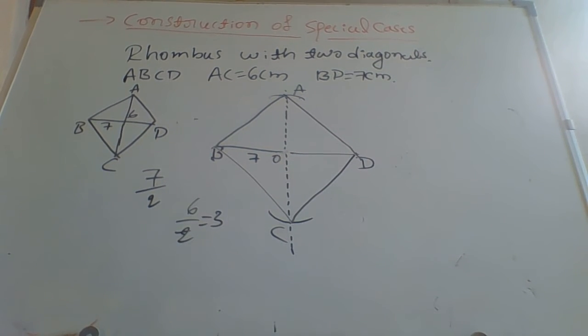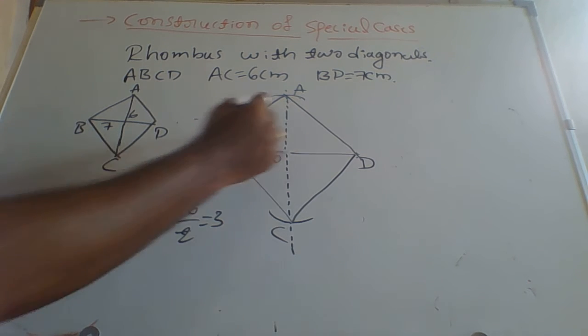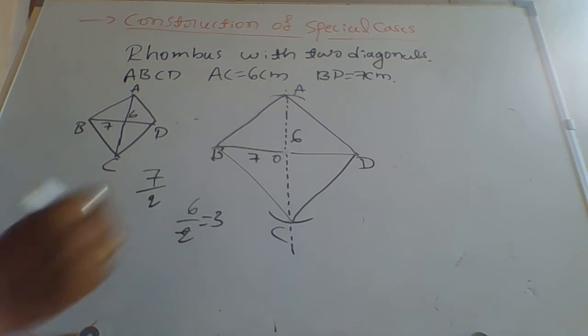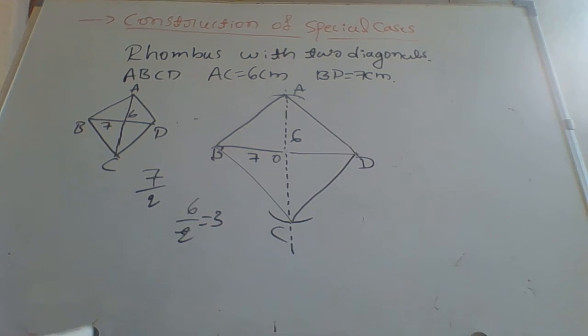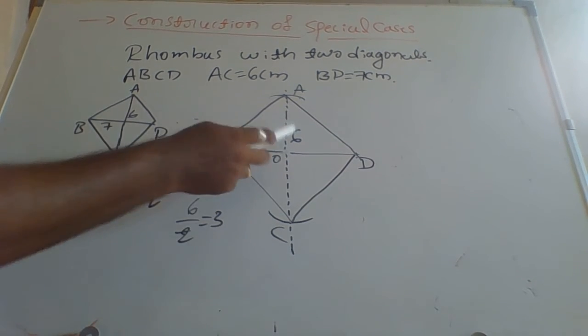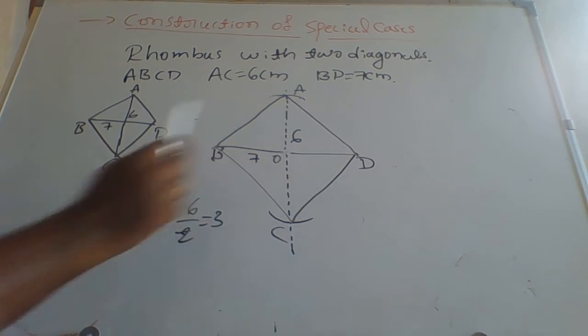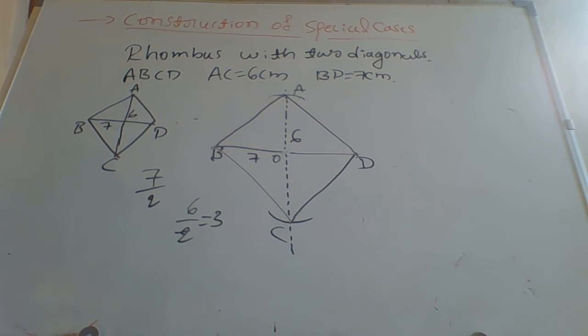So this is the rhombus with two diagonals where AC is 6 centimeters and BD is 7 centimeters.